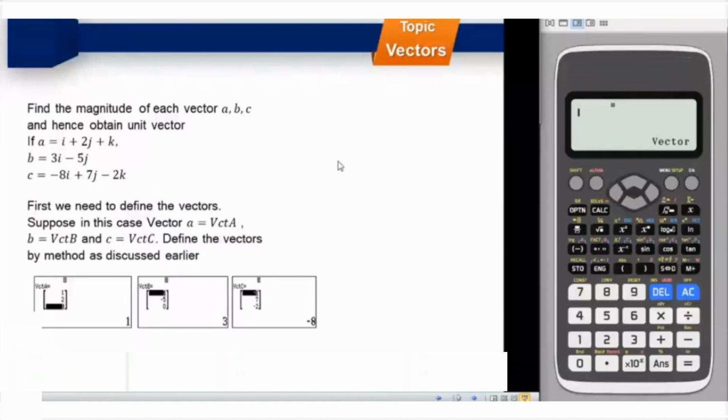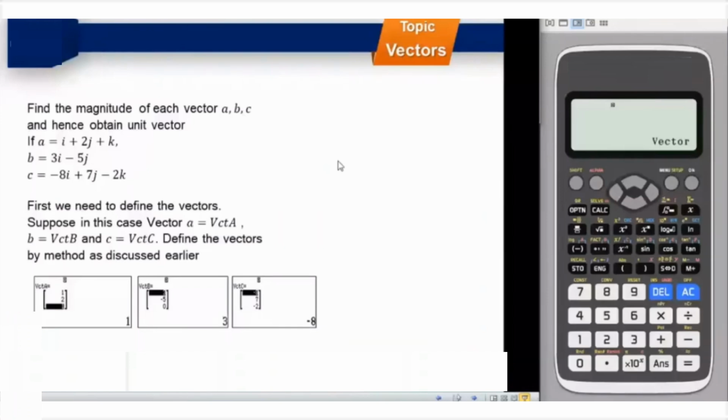Unit vector is a vector with a magnitude of 1. So any vector divided by its magnitude will give you a unit vector. The magnitude of unit vector will always be 1. I will be able to prove that to you also.